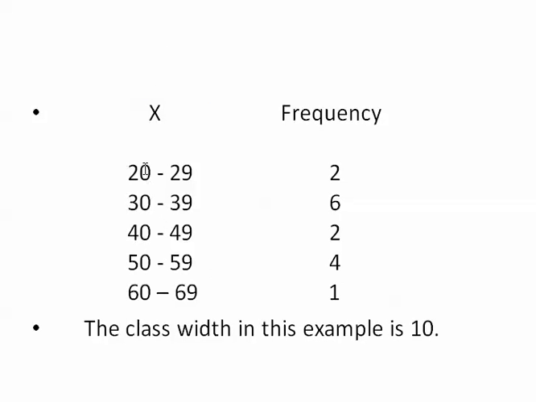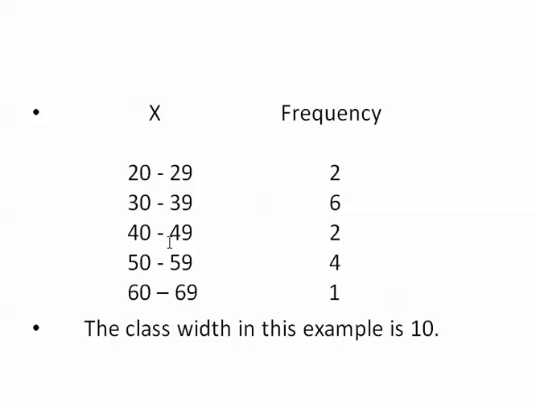If we did the same thing for each of these other intervals, we would get 10 numbers each time because there's 10 numbers between 30 and 39, 10 numbers between 40 and 49, and so on. So each of these class intervals covers 10 numbers.